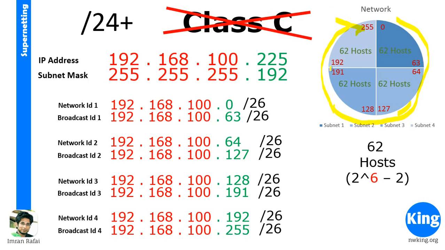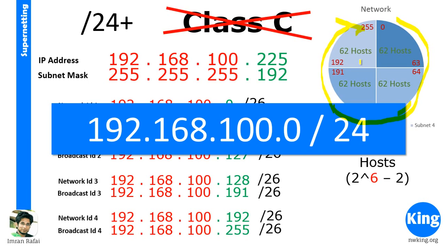It included all these 255 or 256 IP addresses. Now we broke it down into 4 networks: 192.168.100.0, 100.64, 100.128, 100.192, all /26. But if we didn't break it, we could represent all these 4 subnets as 192.168.100.0/24. It includes all these 4 subnets, right?